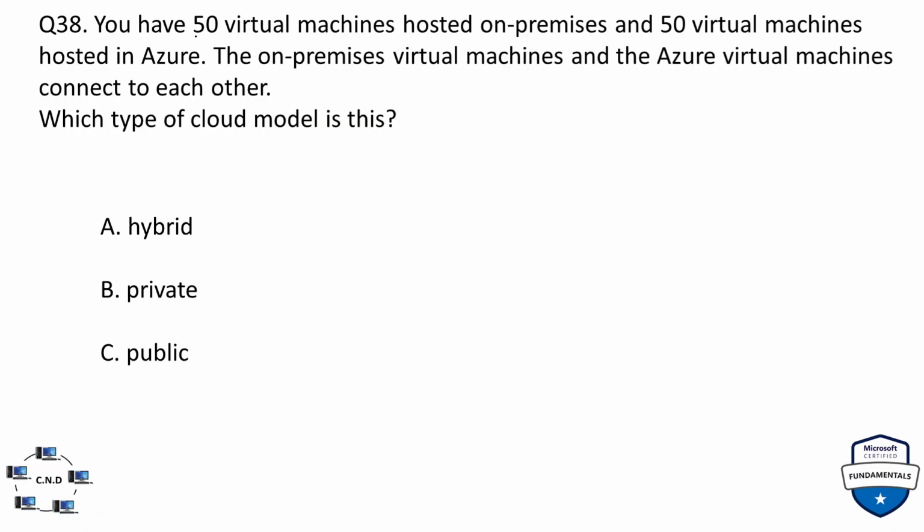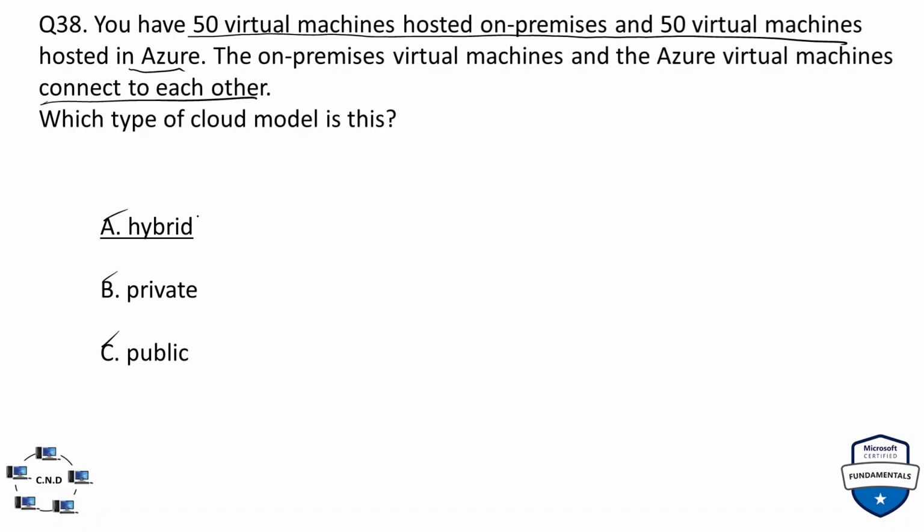Question number 38 is that you have 50 virtual machines hosted on premises and 50 virtual machines hosted in Azure. The on-premises virtual machines and the Azure virtual machines connect to each other. Which type of cloud model is this? So again, this is straightforward. Options are A, hybrid, B, private, and C, public.